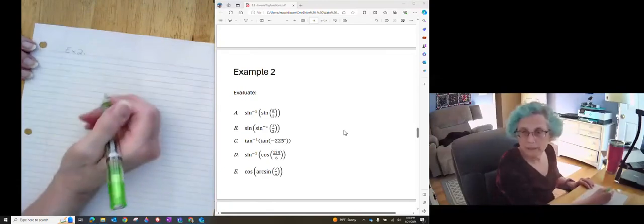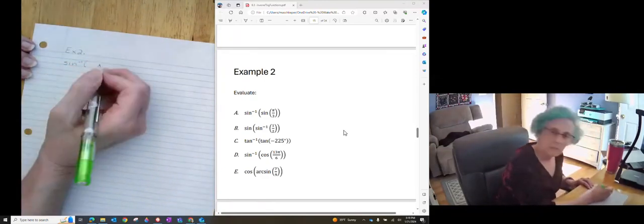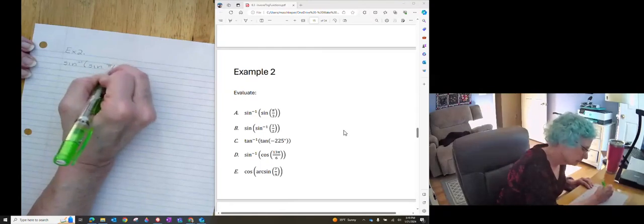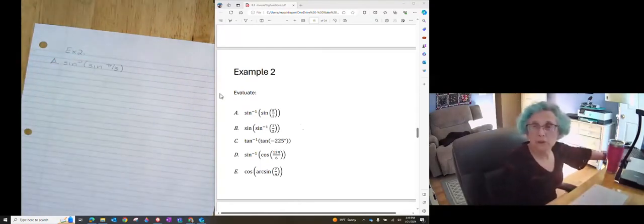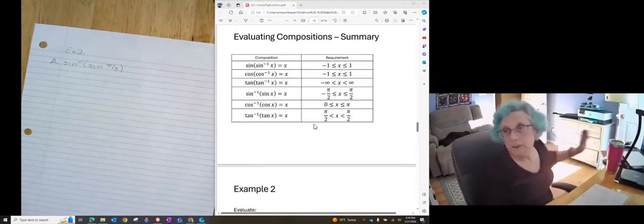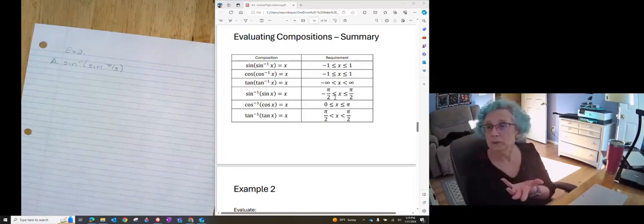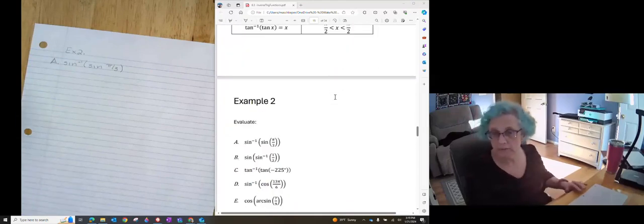I have the inverse sine of the sine of pi over 3. Now, if we look back at our little summary here, inverse sine of pi over 3, well, pi over 3 lives right in that range, the restricted domain for sine.